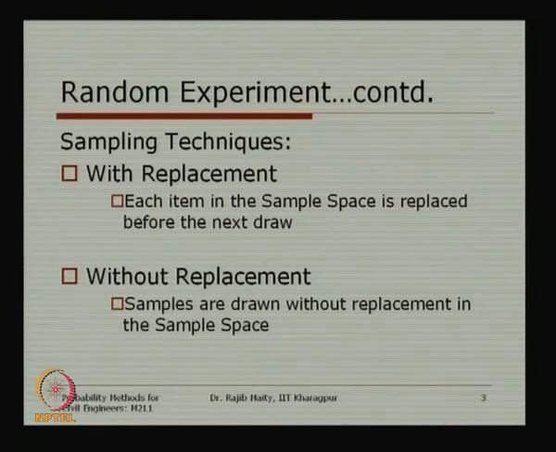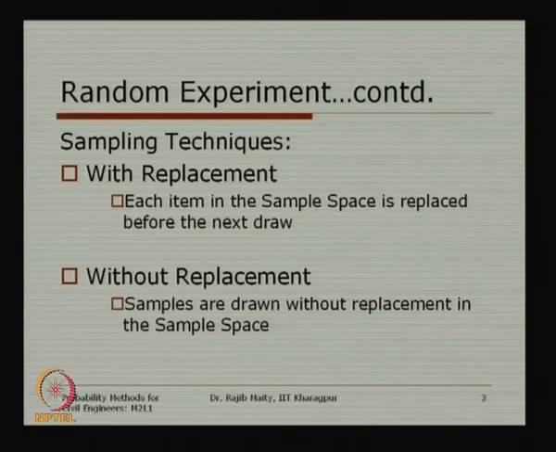When we take this random experiment, there are different types of sampling techniques. One is with replacement and another one is without replacement. In the case of with replacement, each item in the sample space is replaced before the next draw.